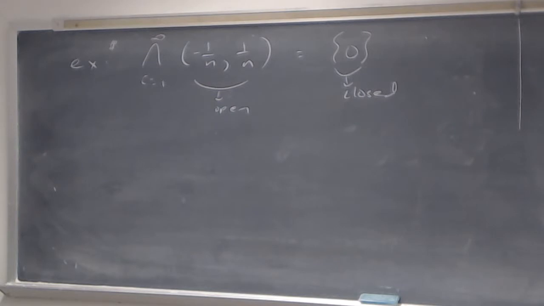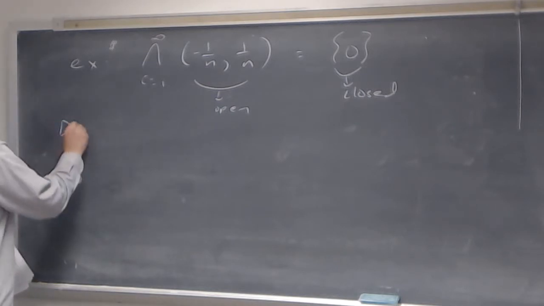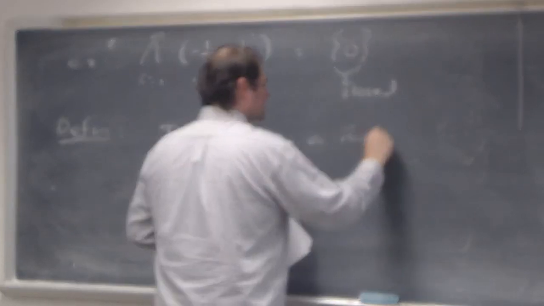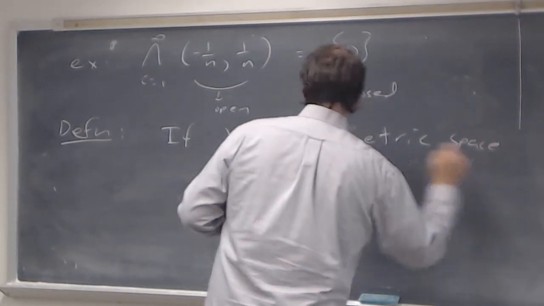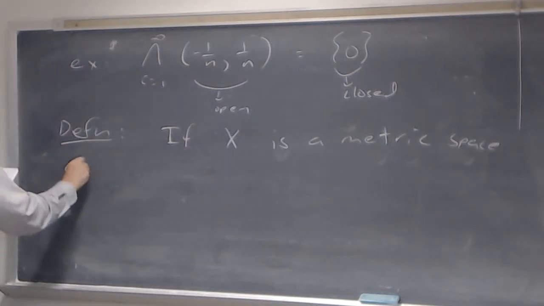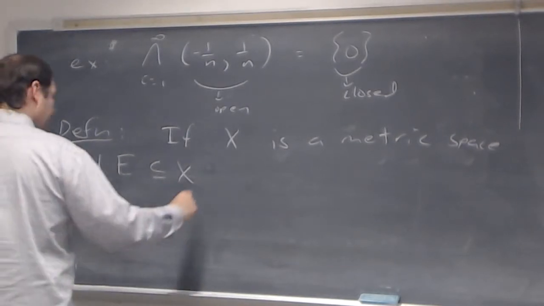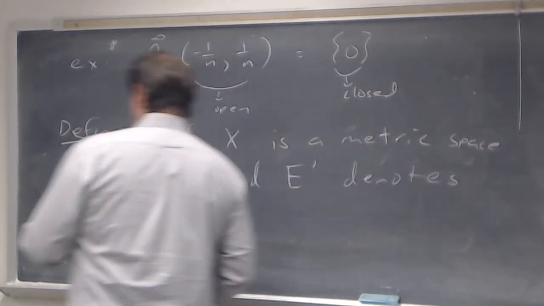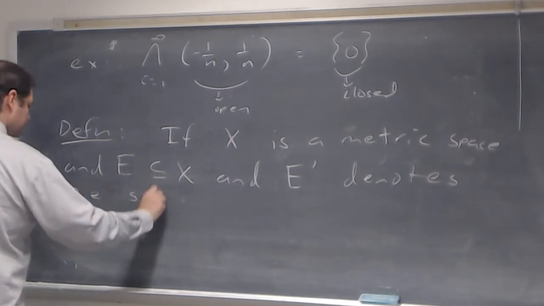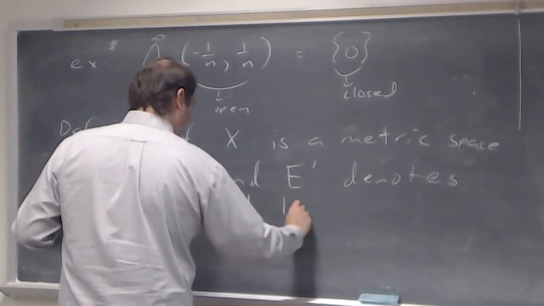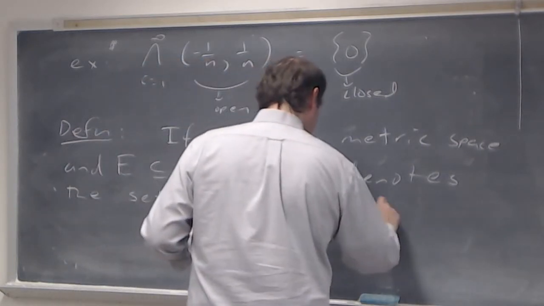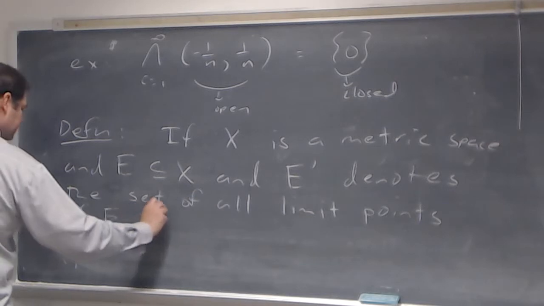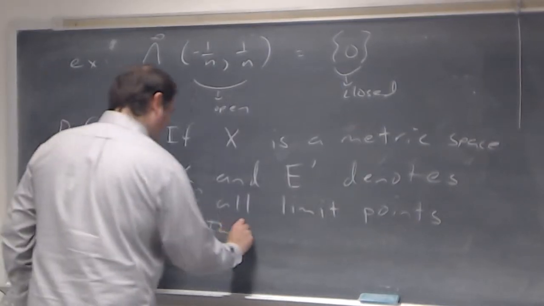Okay. The next thing we'll do is look at the definition. It says if X is a metric space, and E is a subset of X, and we're going to say E prime denotes the set of all limit points of E in X, then here's what we're defining.